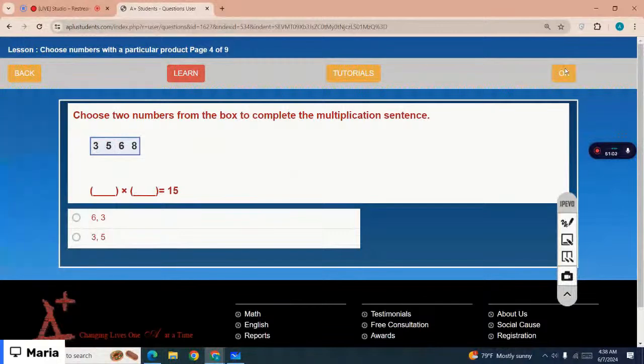Choose two numbers from the box to complete the multiplication sentence. Which two numbers have the product 15?